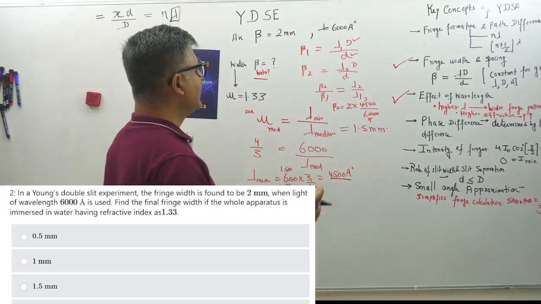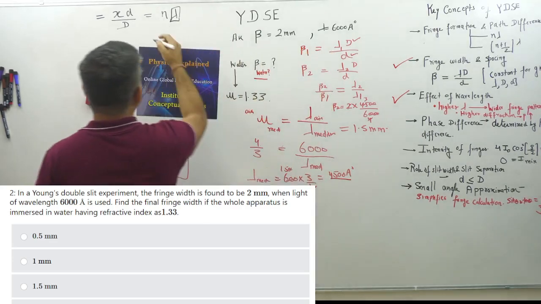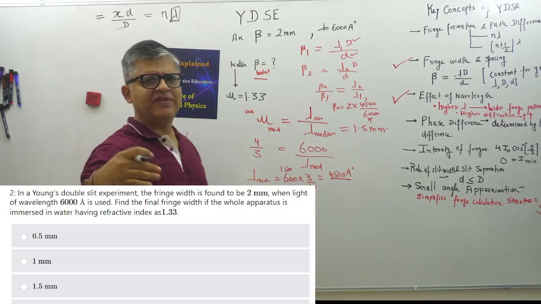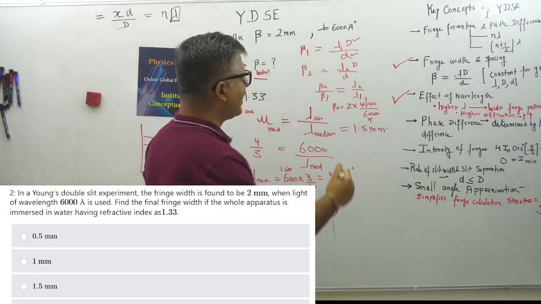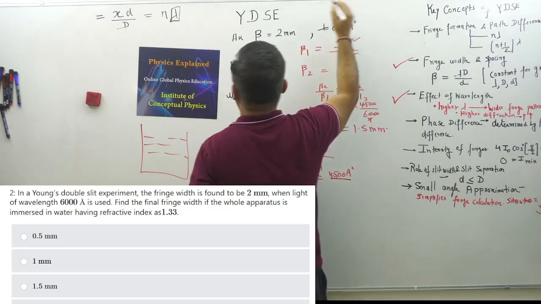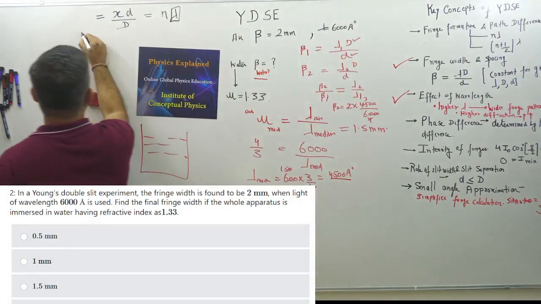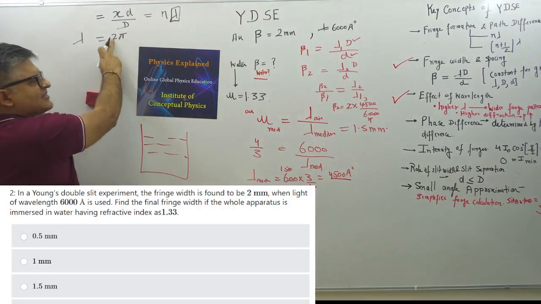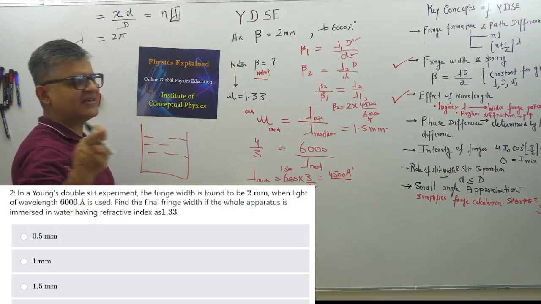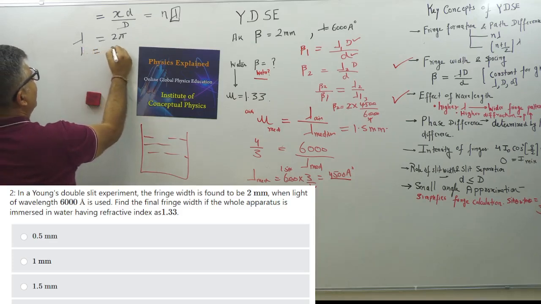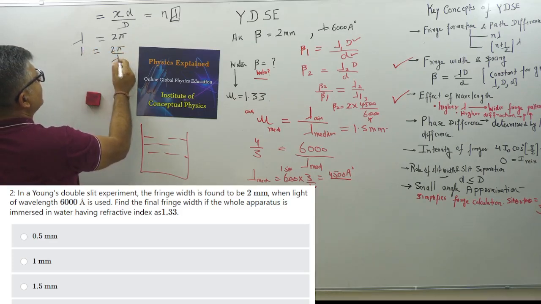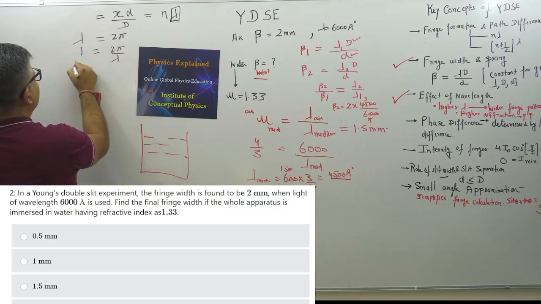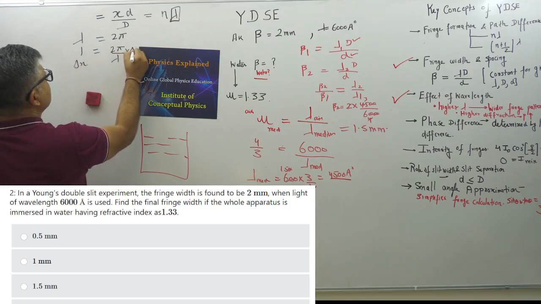How do we prove that? When we convert the path difference, a path difference of lambda results in a 2 pi phase difference. So I'm now talking about phase. One path difference is 2 pi by lambda, and if you have delta x, this becomes 2 pi by lambda times delta x.